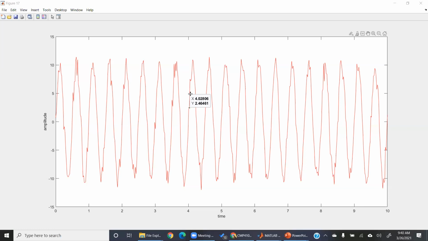Or you can figure out the frequency components in that signal and figure out what is the dominant frequency in that signal. You'll find that in most measurement systems, you always talk about electrical noise, which will have a single frequency.